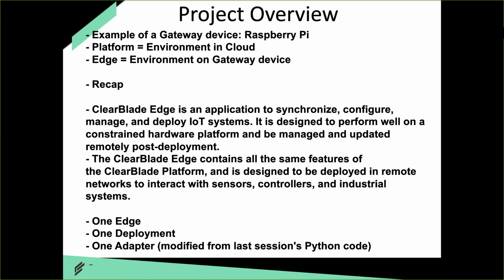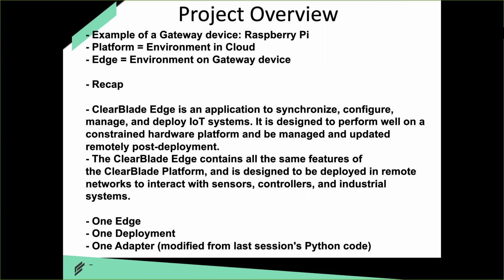Now last session, we took a big step towards that goal when we wrote some Python code that ran external to our system, but it connected to the MQTT broker within our system as an MQTT client, published the temperature data to an MQTT topic, and then within our system, we had a stream service that received that data, stored it, and we displayed that data in a portal.